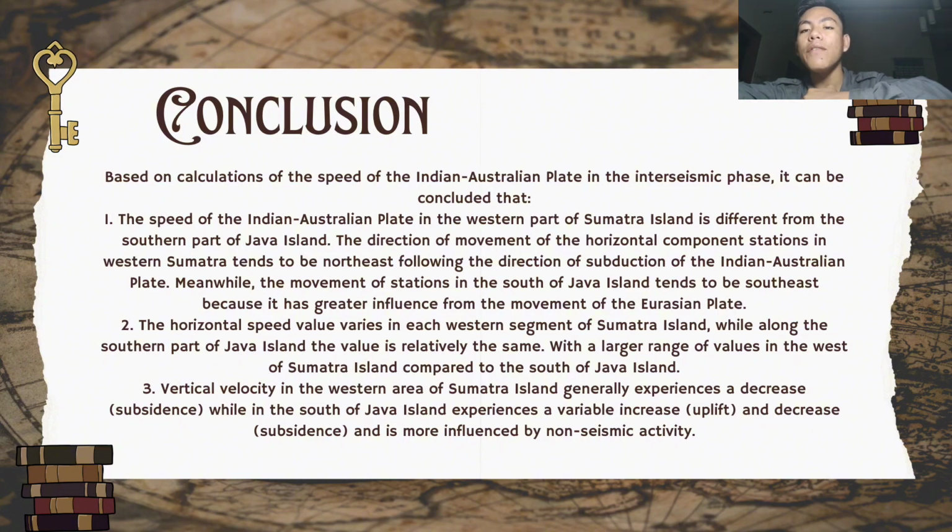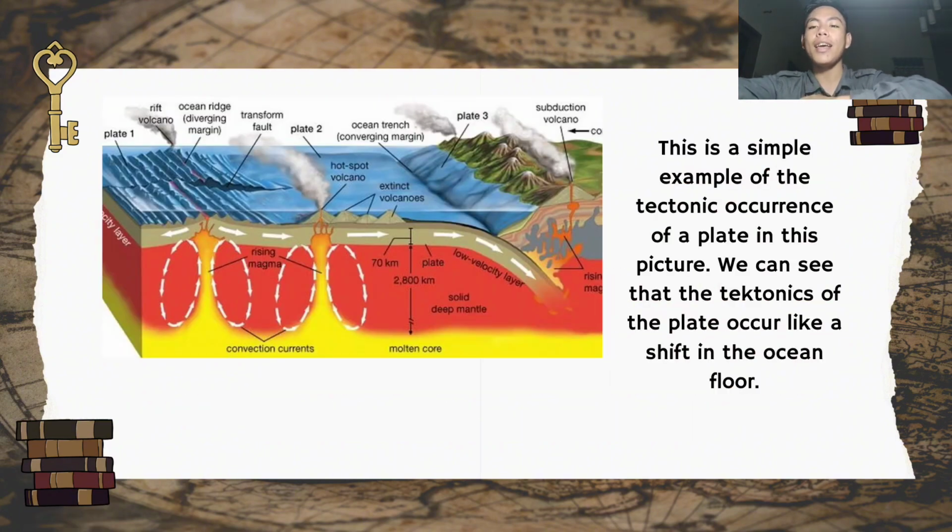non-seismic activity. Okay, next is an example of the picture. This is a picture of tectonic plates. This is a simple example of the tectonic movement of a plate in the picture.